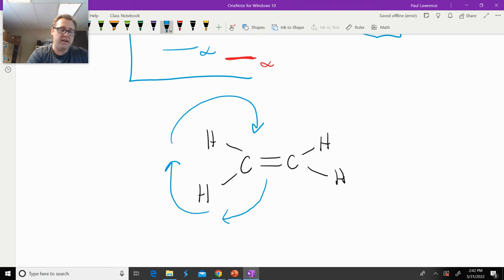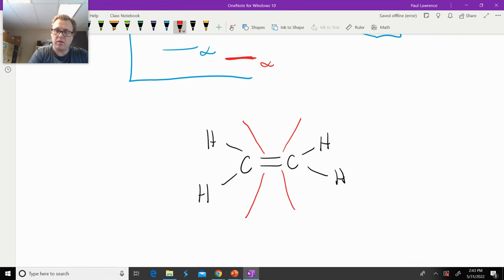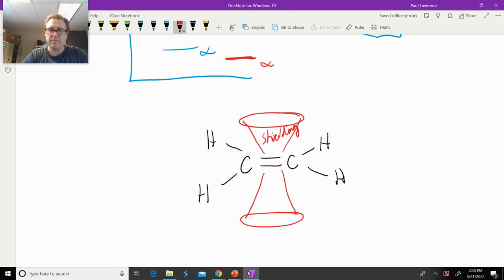What's happening here is you're going to generate what's called a cone. We have what's called a shield cone right there. And on the inside of that alkene, this is all shielding. And so the hydrogens on the outside now are deshielded.